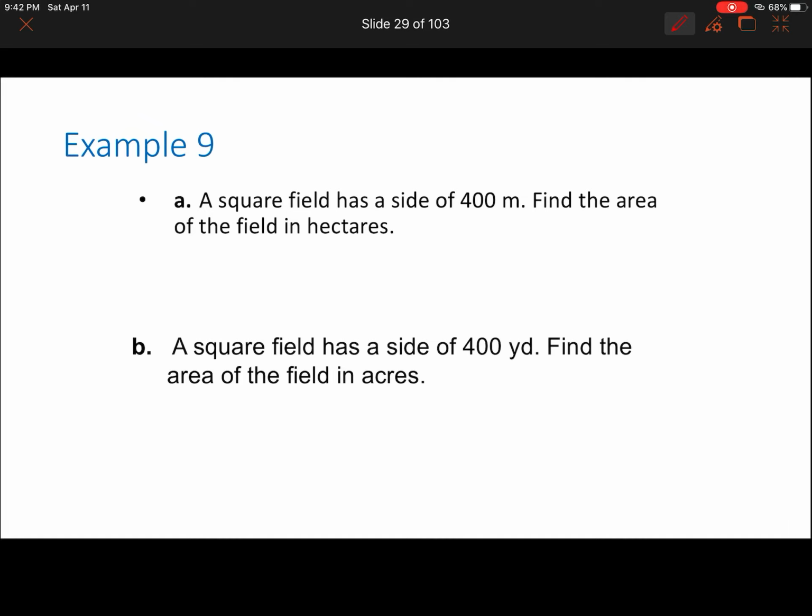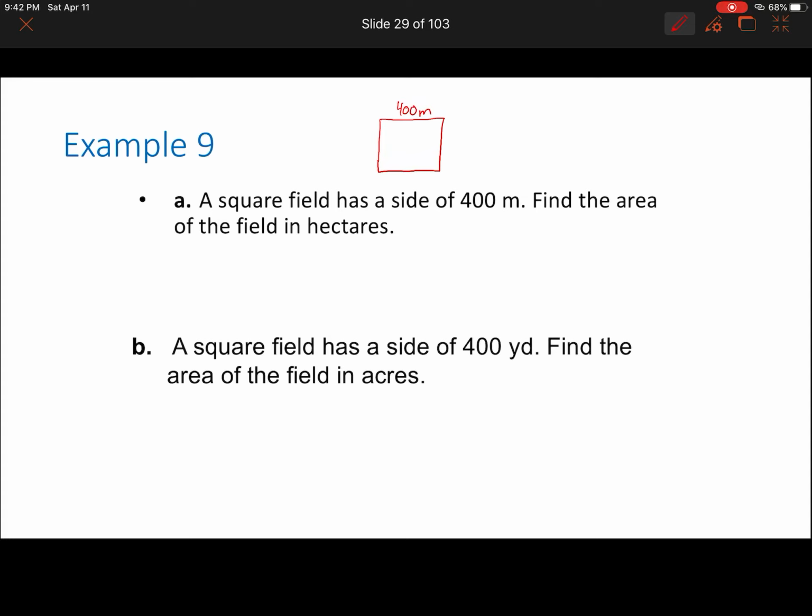All right, so let's look at some examples. Example A says a square field has sides of 400 meters, and you may want to draw a picture here that could be helpful. So you've got 400 meters as a side, and we want to find the area, but we want to find it in hectares.